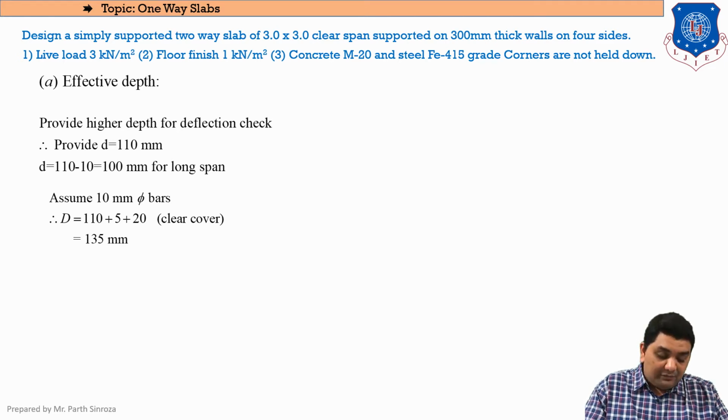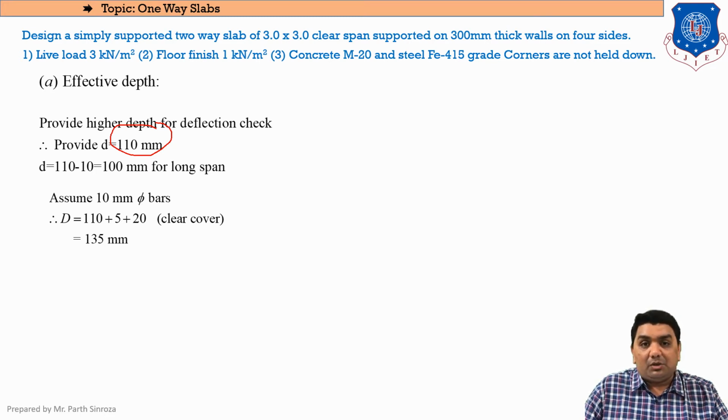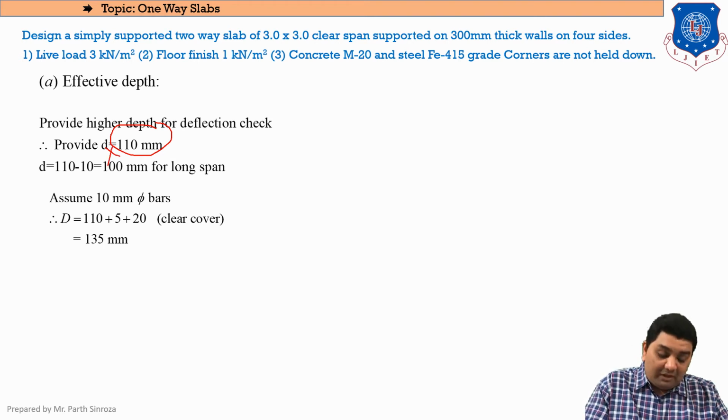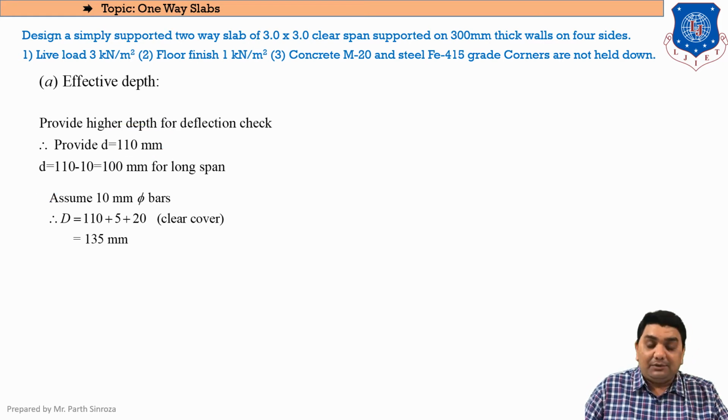So D here in this case will be 100 mm, but as you know that we are providing main steel in two directions, so the depth will also be calculated in two directions. So the shorter span will be considered as X, and the longer span will be considered as Y. So this 110 mm we are assuming to be dx, and this 100 mm we are assuming to be dy. Now how these values came, for that we will be seeing a reference figure.